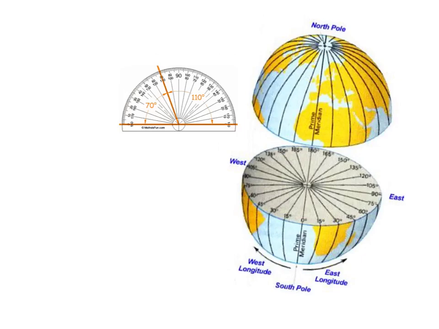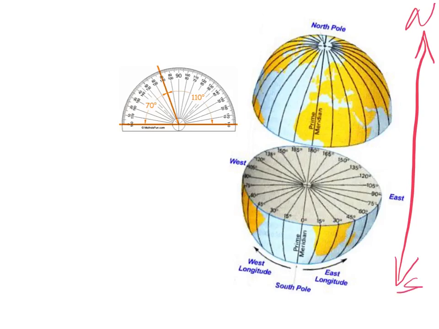Let's talk for a moment about how we get these lines of longitude on the surface of the Earth. These lines of longitude are going to run from the South Pole to the North Pole. Okay? So they're going to run like this, from north to south.